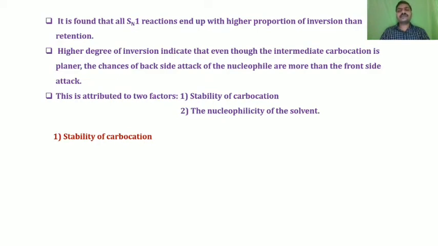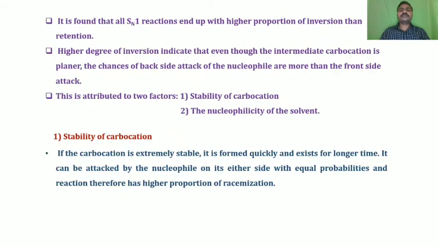So first is the stability of the carbocation. If the carbocation is extremely stable, it is formed quickly and exists for a longer time. It can be attacked by the nucleophile on either side with equal probability, and therefore the reaction has a high proportion of racemization.